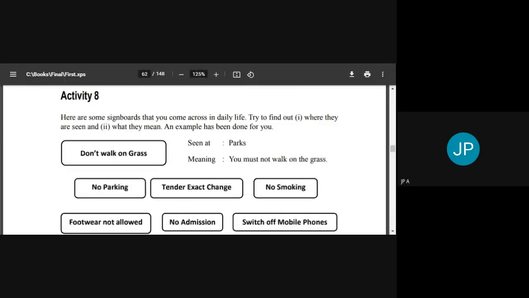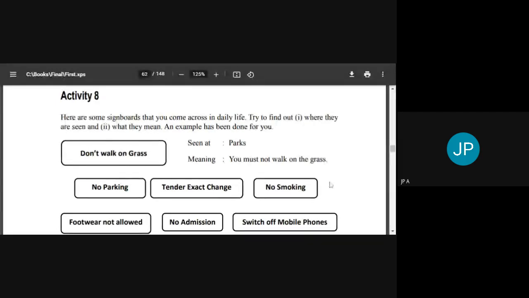Yes, Rishma, Archana, Sri Lakshmi. Yes, Sri Lakshmi, Surya, Krishna. Thank you for those responses. So the meaning is you must switch off your mobile phones.